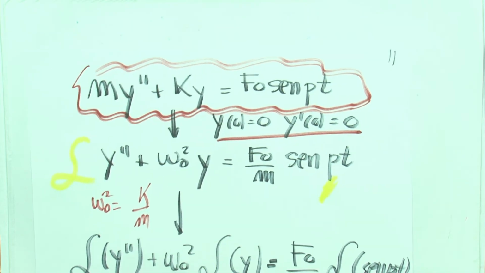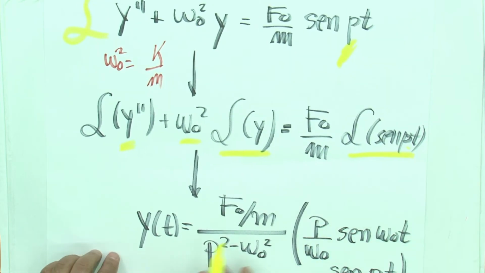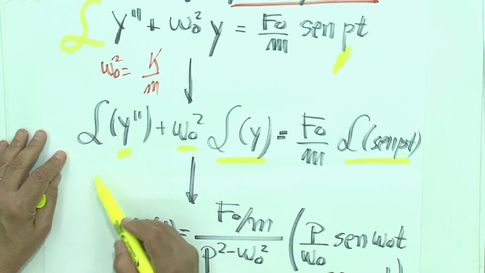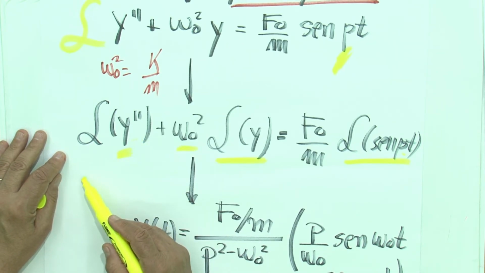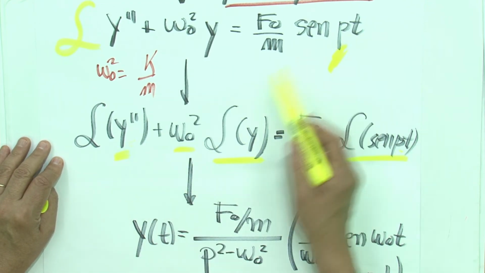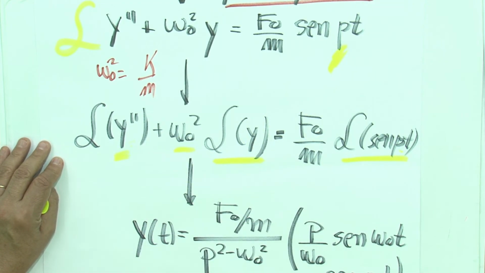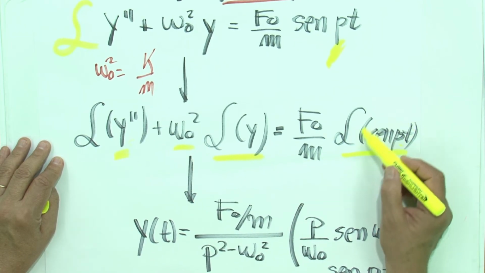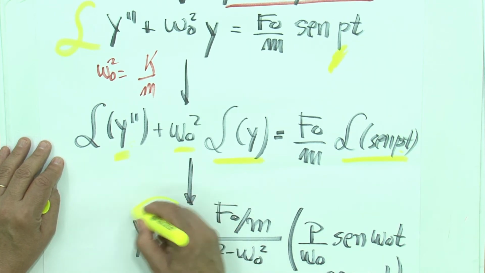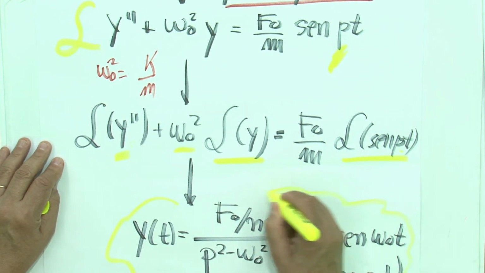And by doing this, which is trivial to do, this will give you the Laplace 2 times, right? The Laplace transform of y, and then will appear the initial conditions, plus this, equal to that. You know what is the Laplace transform of sine, and then you put it in here, you get the solution immediately.